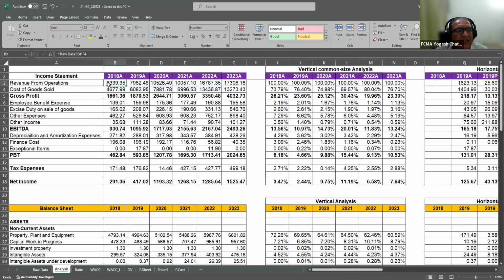Starting with the revenue from operations, cost of goods sold, gross profit, then employee benefit expenses, excise duty on sale of goods, then the other expenses and other income, and a very important metric in valuation, that is the EBITDA margin, that is earning before interest, tax, depreciation, and amortization.